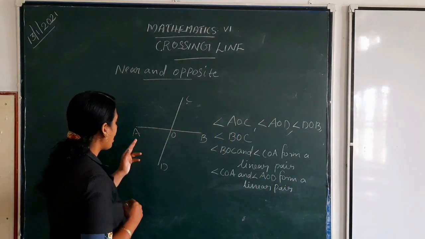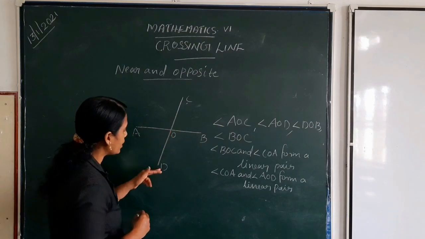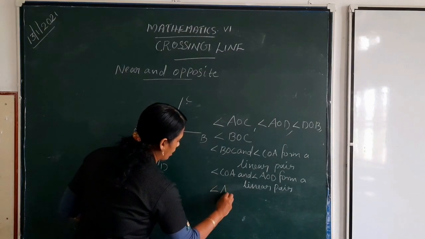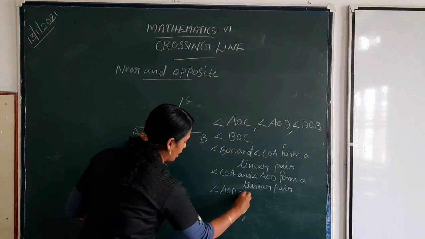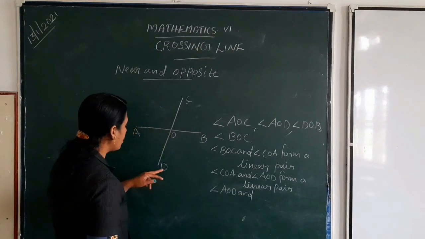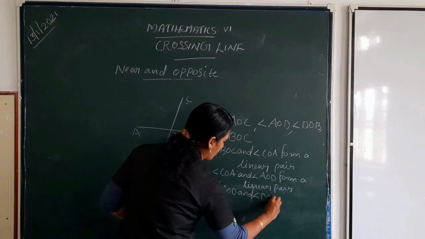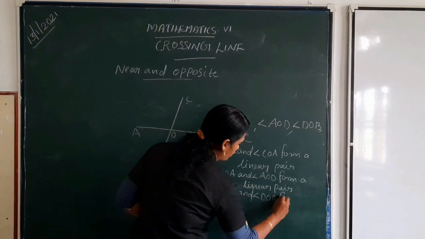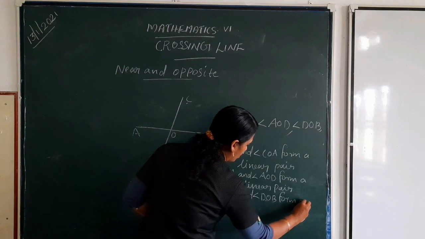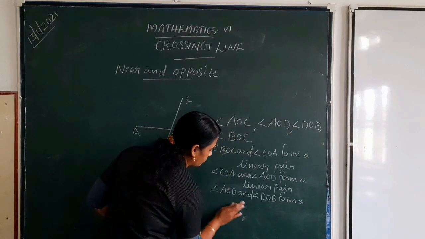Next one, angle AOD and angle DOB form another linear pair.